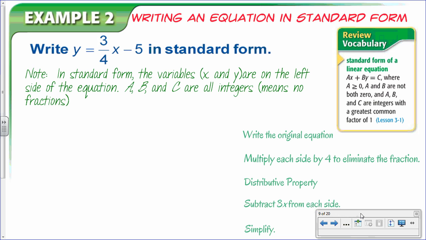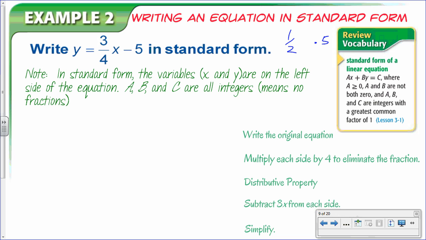All right. A, B, and C are integers with the greatest common factor of what? 1. Okay, that means that they all have to be regular numbers. They can't be fractions. You guys with me? Now, a lot of people in one of the classes were changing the fraction to 0.5, thinking that was going to work.